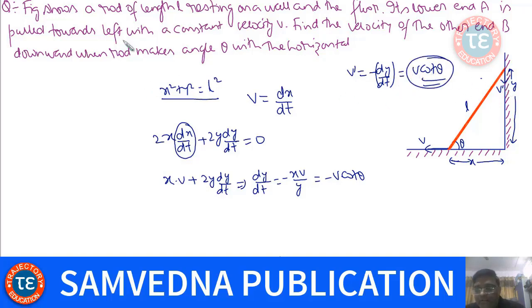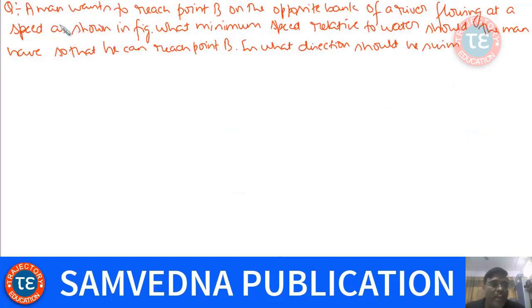Dy is negative, dt is always positive. As you pull the rod in left direction, this end of the rod will move in downward direction. So minus sign will make the whole thing positive. Alright, so this is v cot theta. Alright, let's move to next question.